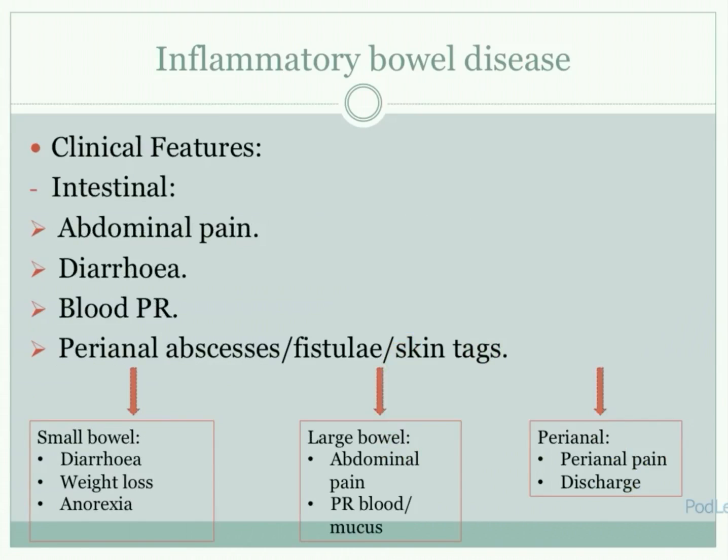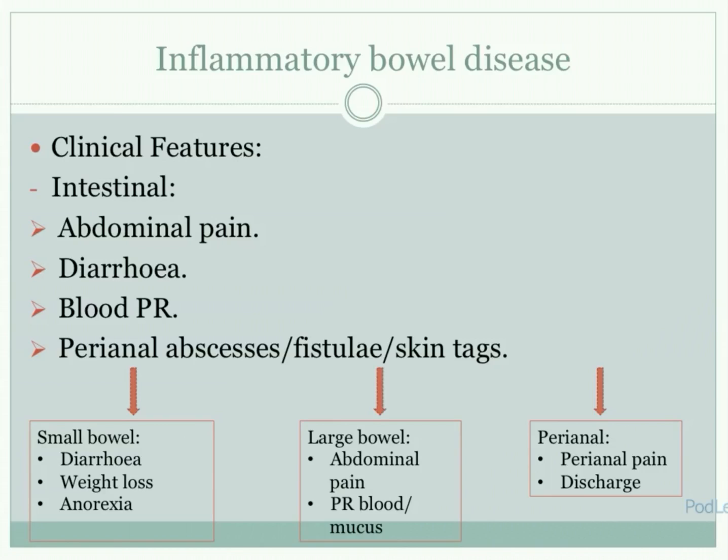So what are the clinical features? So I've broken these up into intestinal and extra-intestinal features. The main intestinal features are abdominal pain, diarrhea, PR bleeding, and perianal abscesses, fistulas, and skin tags.